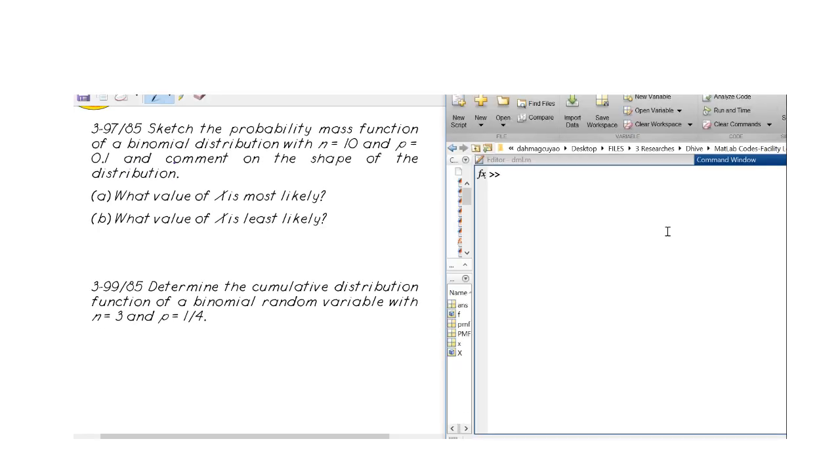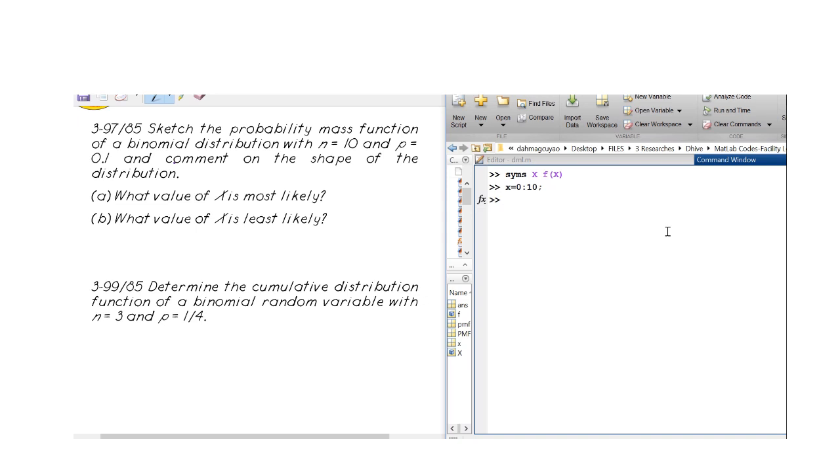To solve this problem, first we're going to define our symbolic variables: syms, the random variable X, and f(x). And then after that, we list down all the possible values of X. So it would be from 0 to 10, that is 0, 1, 2, 3, 4, 5, 6, 7, 8, 9, 10.